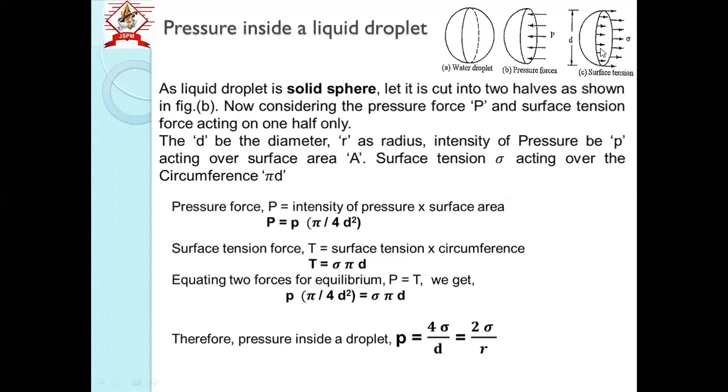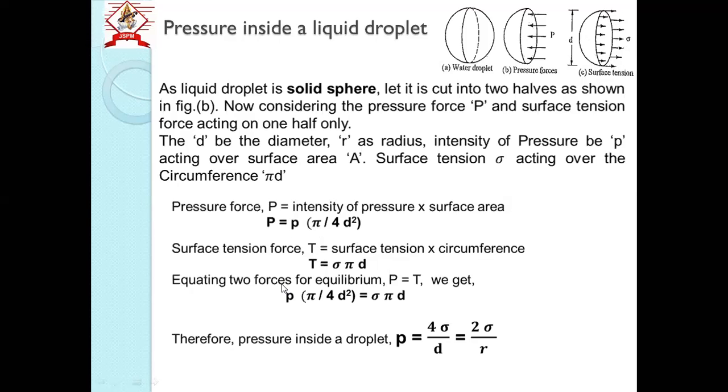Surface tension force is nothing but surface tension multiplied by circumference. Let the surface tension force be capital T. So surface tension into circumference. Surface tension is sigma, and circumference for a circle is pi d, right? So sigma into pi d.